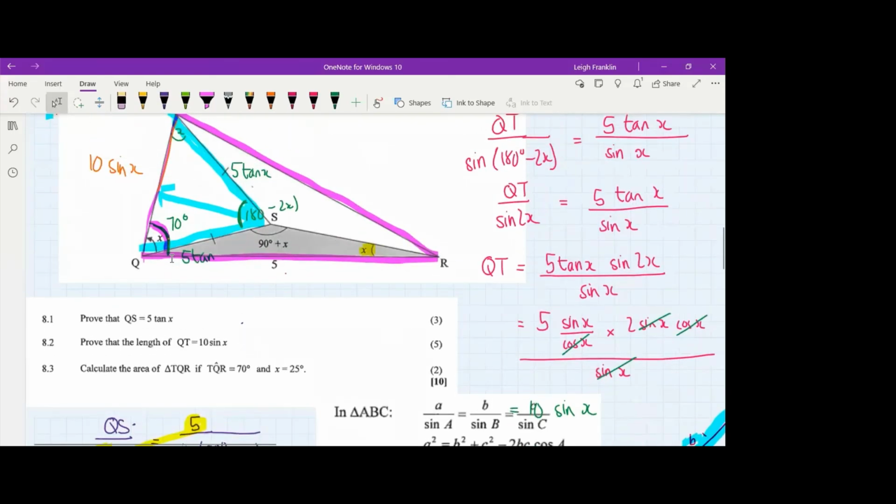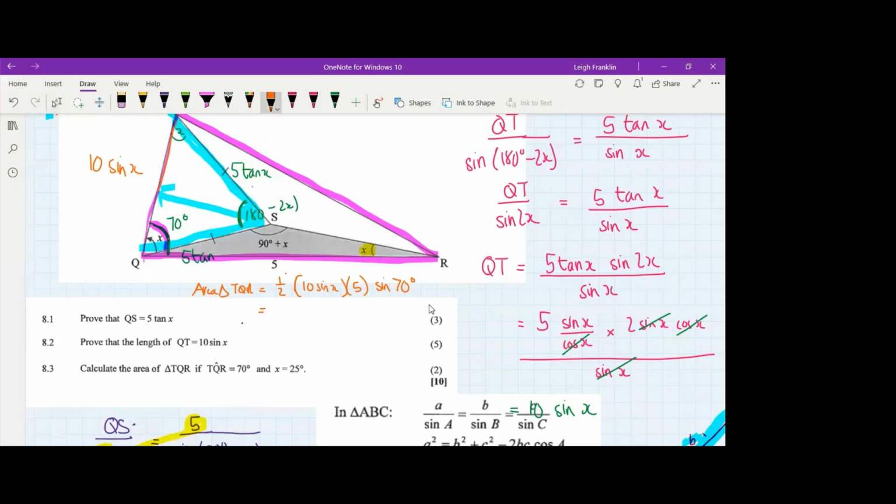So what we would end up doing here is this. The area of triangle TQR is half, bracket, 10 sine x times 5 times the sine of 70. I'm just subbing into the area rule. Now simplifying all of that, we have to just do that on our calculator.